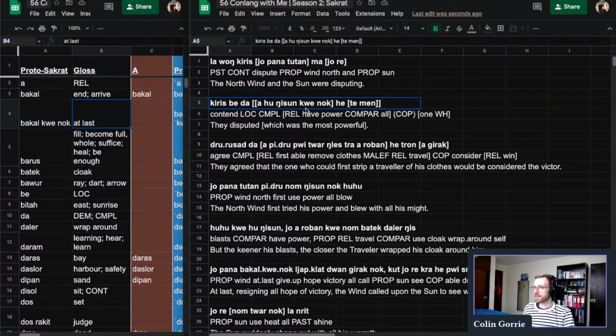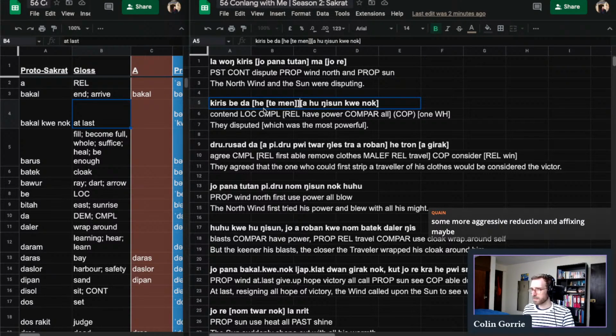So that's the first thing. So in the first sentence we have Lawon kiris yopana tutan mayore. The north wind and the sun were disputing. And what did they dispute? We'll take this copula and we will put it up here.